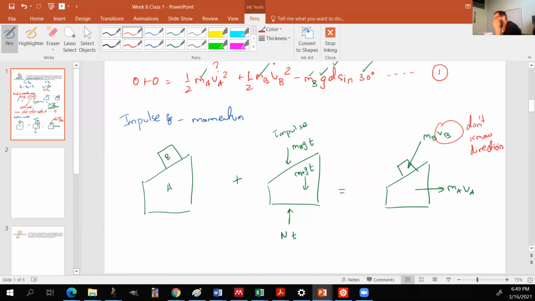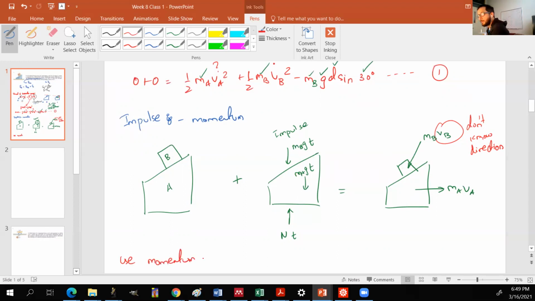We can enter that as an unknown, but there is a different, quicker way to do that. Why do I need to know the direction? Because I can only use momentum conservation in the horizontal direction.